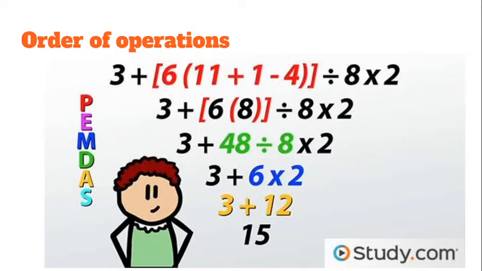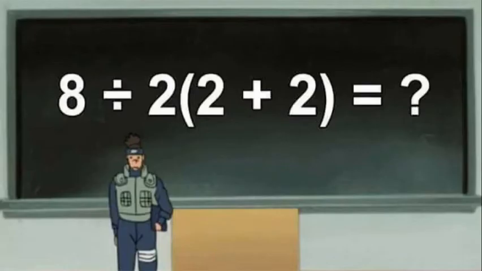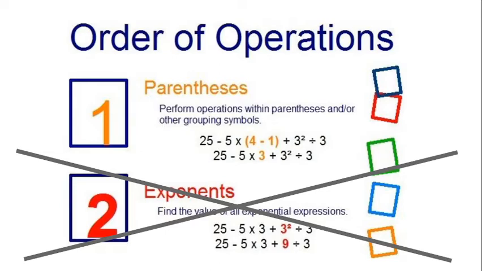Even for today's lesson, we're only going to be working with addition and subtraction, okay? So for example, if we had a problem like this, we would jump all the way to the parentheses, and then we'd do the division next, and then we would get our answer. You would always do it in this order, okay?